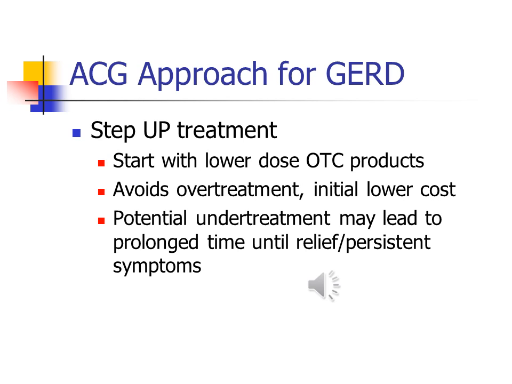There is a potential for undertreatment in these patients, however, especially if there's someone who's not likely to follow up with you if the initial treatment isn't working. And this may lead to a prolonged time until they have relief, or they may have persistent symptoms for a longer time. So again, I would recommend it more for patients with mild to moderate infrequent symptoms.